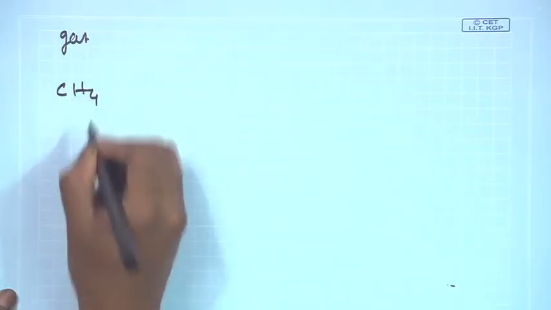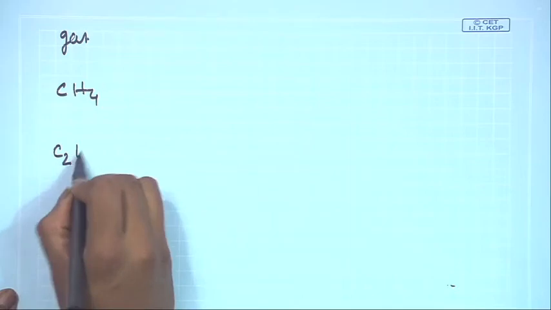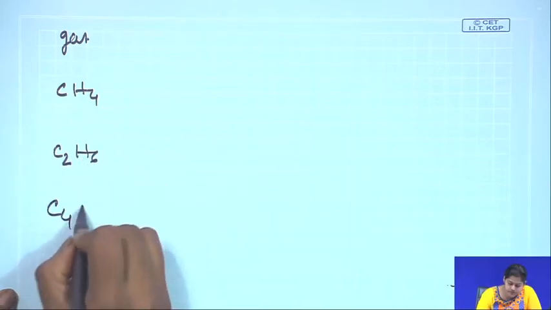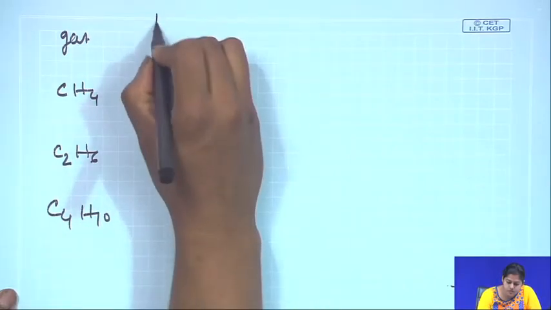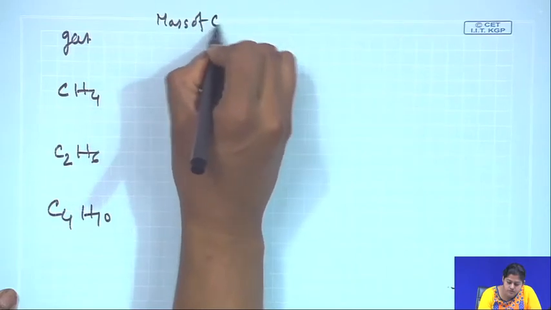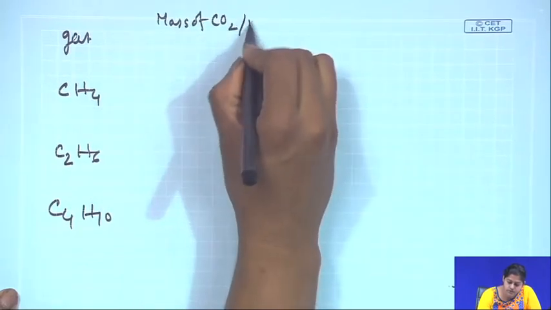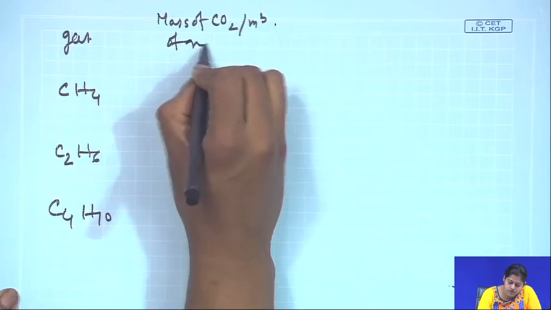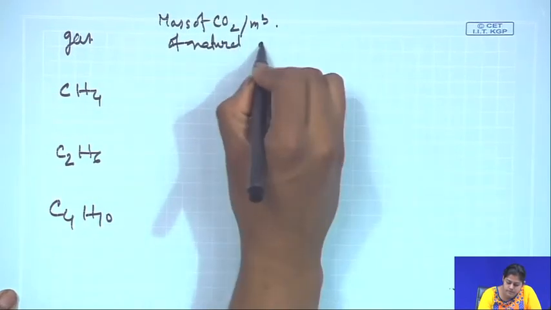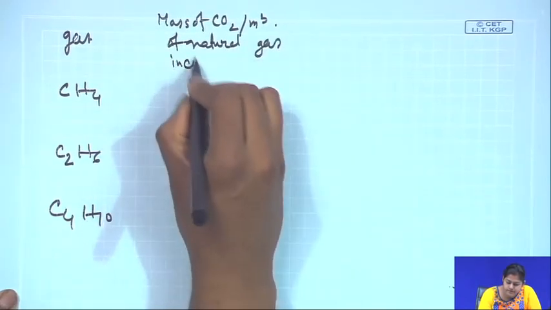So, again we need to write this gas for easy understanding, C4H10. So, mass of CO2 generation per meter cube of natural gas incineration.